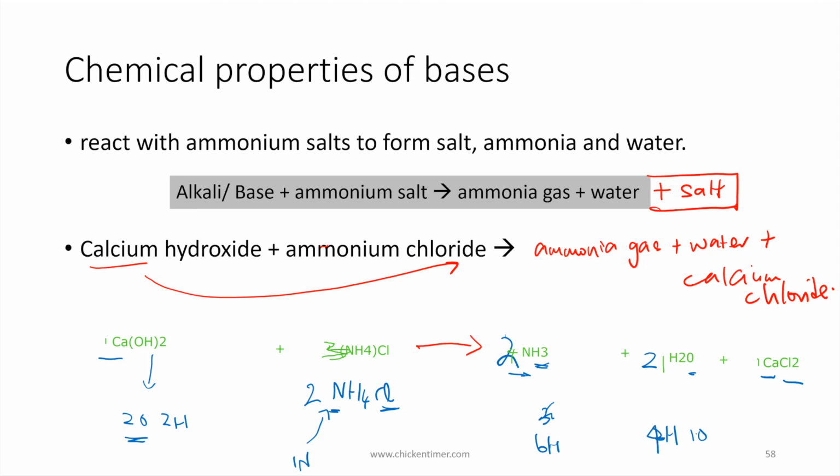The water becomes 4 and the hydrogen will also become 4. So now there will be 10 hydrogen in total on the right hand side.